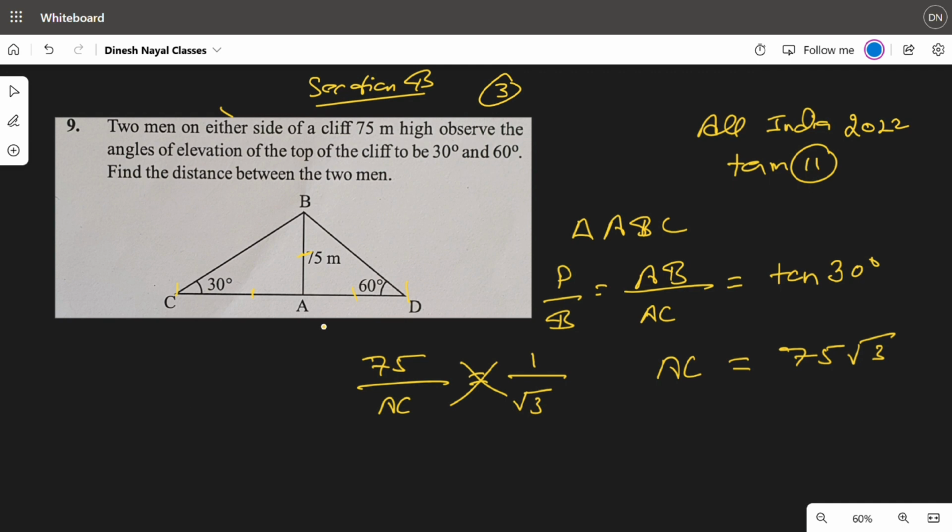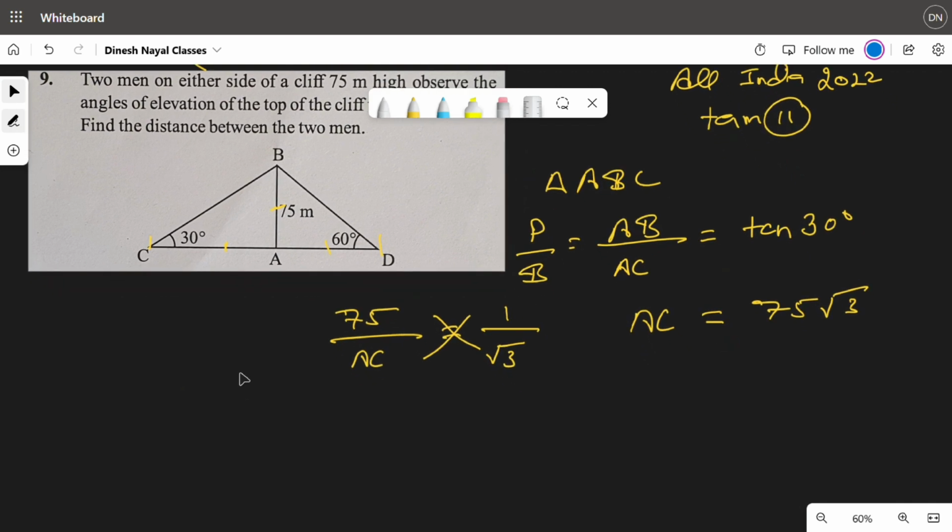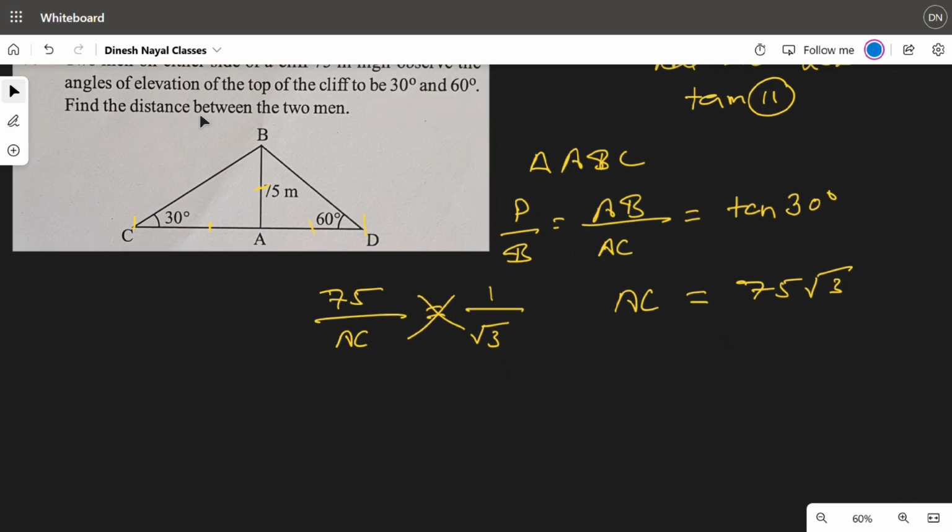Now we'll take triangle ABD. Again, AB by AD. We know that AB will be the perpendicular since this is the angle, and AD will be the base.